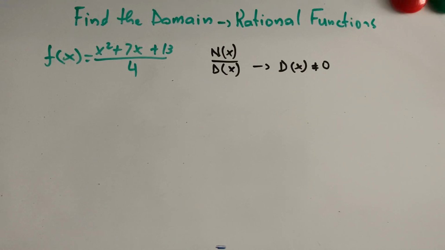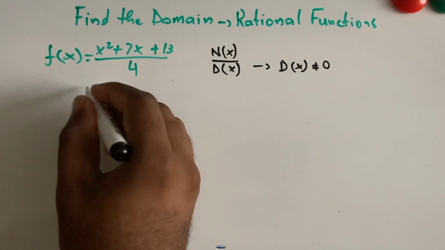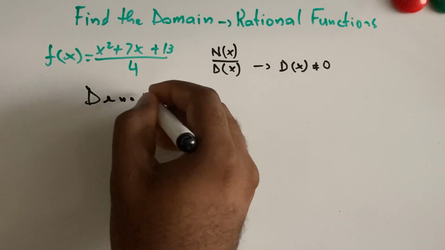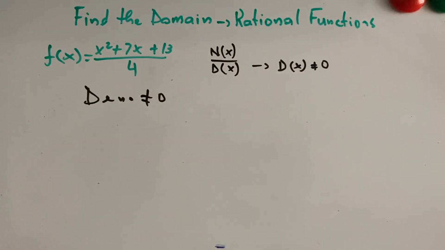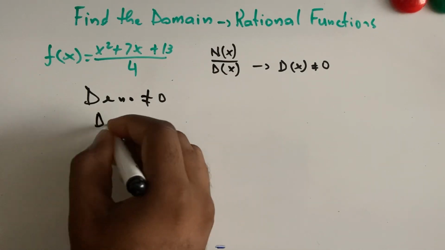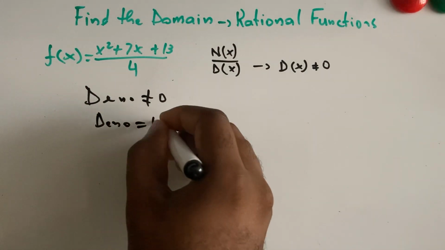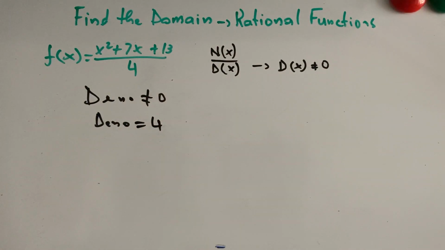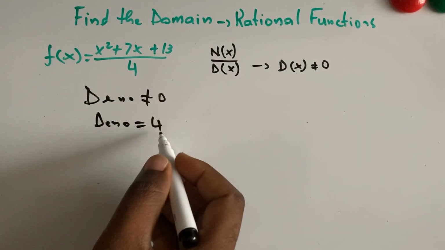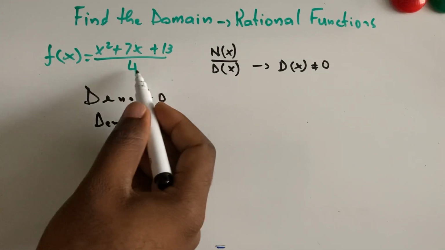You know that the denominator cannot be 0, so you're trying to look for values of x that will make the denominator 0. Guess what? The denominator is actually a constant. It's the number 4, so it will never be 0. For any value of x, the denominator will stay as 4 because there's no x there.